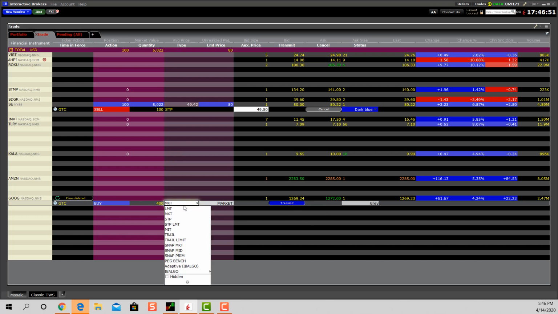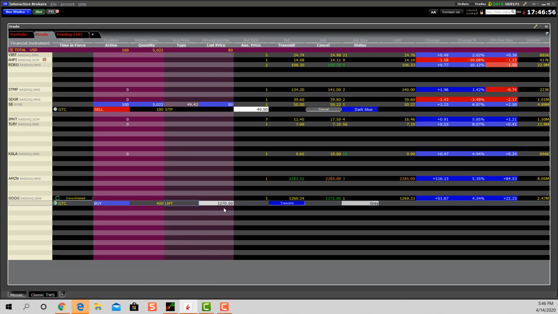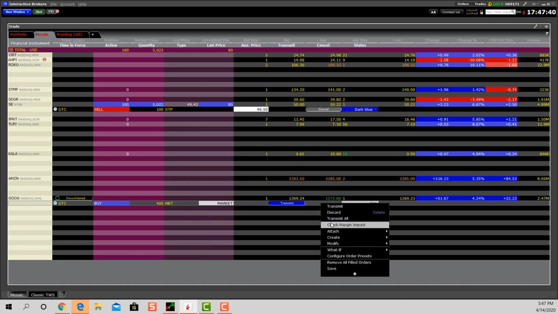Buying at the limit is less risky, but it might not go through, whereas buying at the market price is slightly more risky. So let's just cancel this, discard.